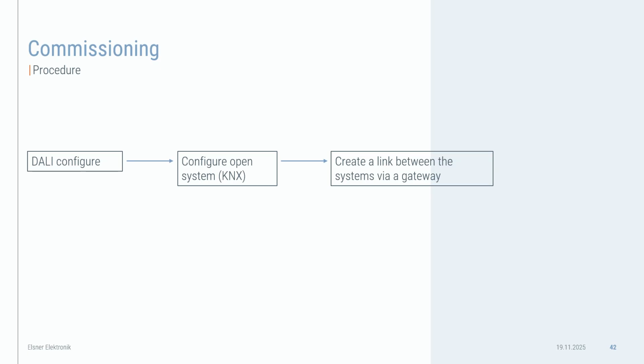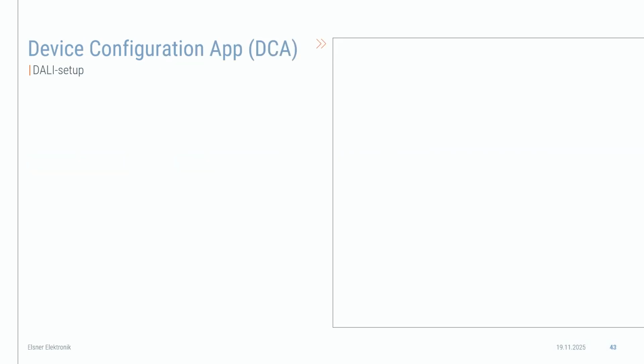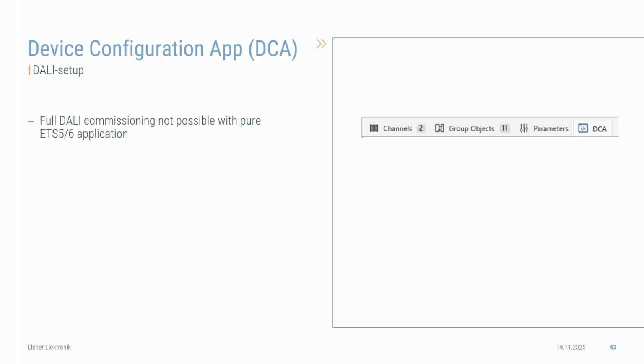And then finally, we have to link those two systems using the gateway so the KNX can control the DALI devices smoothly. But fully commissioning the DALI devices with KNX is not possible using the ETS5 or the ETS6 alone, where ETS is the engineering tool software used for KNX commissioning. So we need an additional tool in order to perform that, which is the DCA.